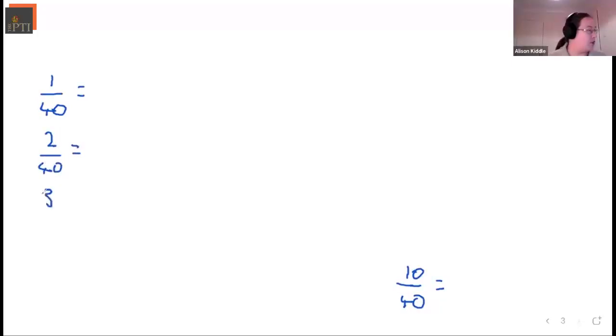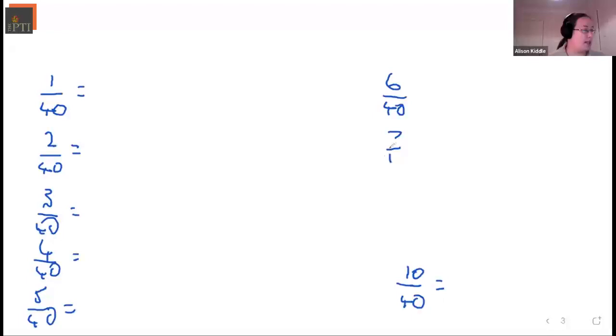So we're going to have 1, 2, 3, 4, 5 40ths here. And then I really wish I had my pen. I hate writing without my pen. And then I'm going to have 6 40ths down to 10 40ths on this side.